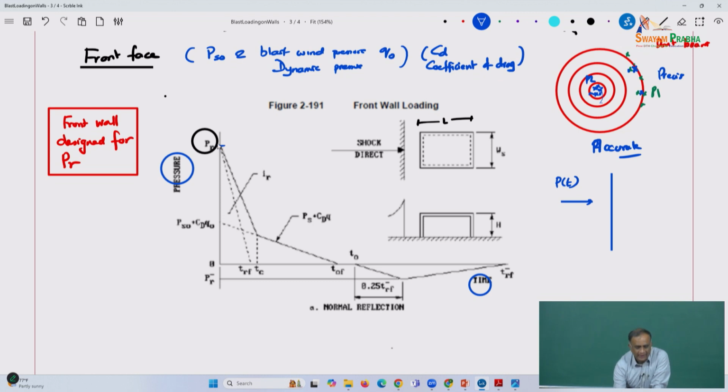The first thing, PR comes, and remember the triangularization. We triangularize it, and you can extend this blue line down. This is what is known as stagnation pressure.